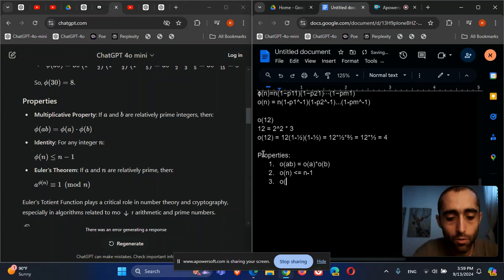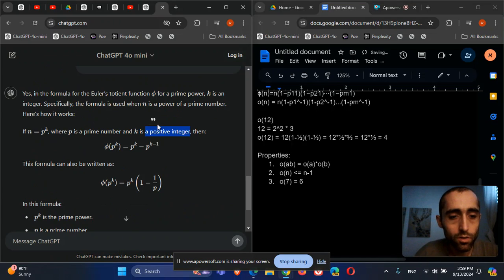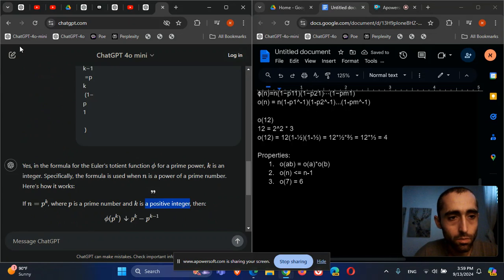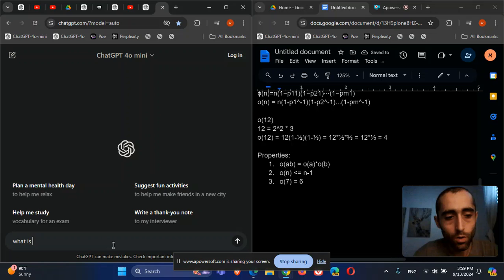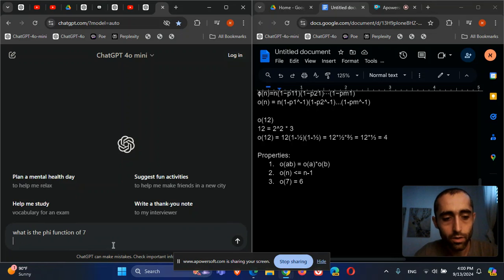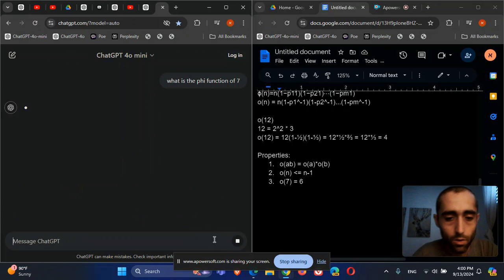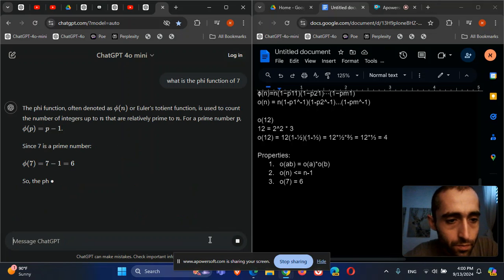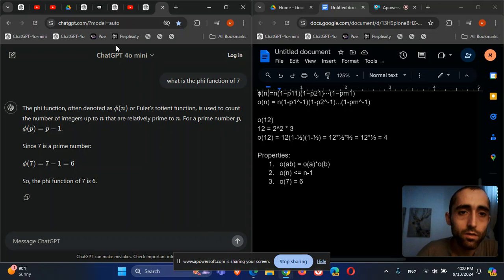For the prime number 7, it should be 6. So let's just see that I'm not making any mistakes. What is the phi function of 7? I want to see 6. Yes, as you can see here, it's 6 because it's a prime number.